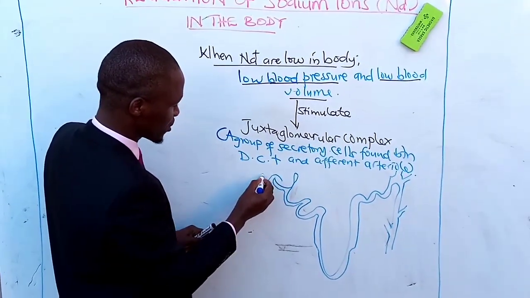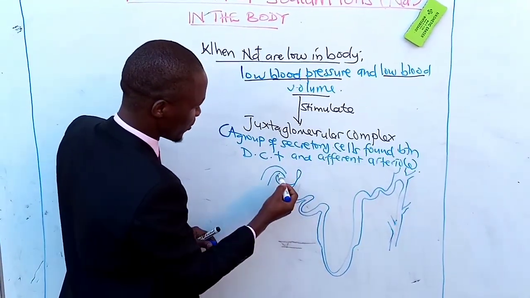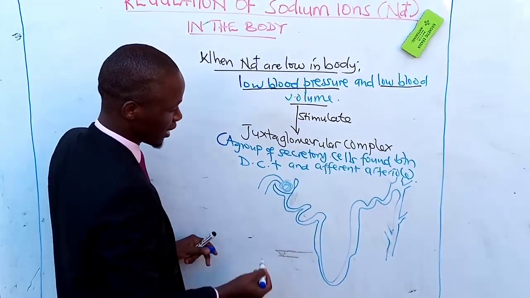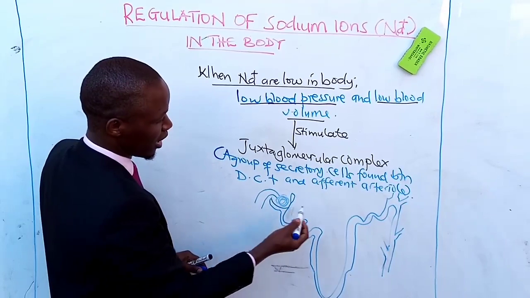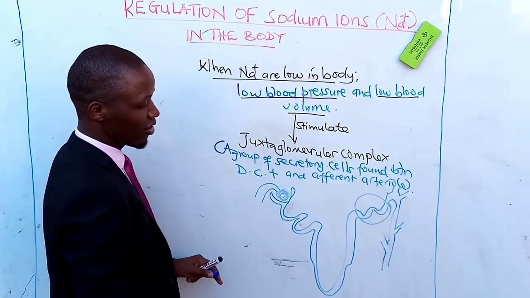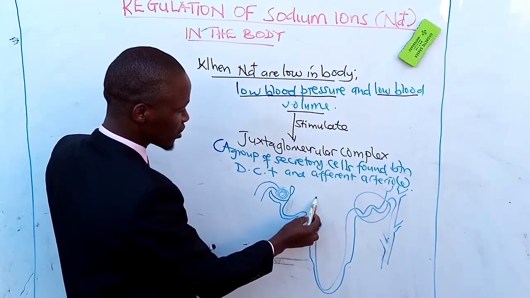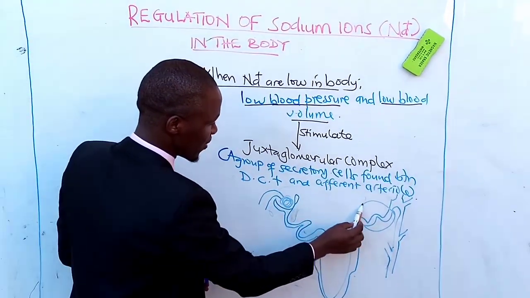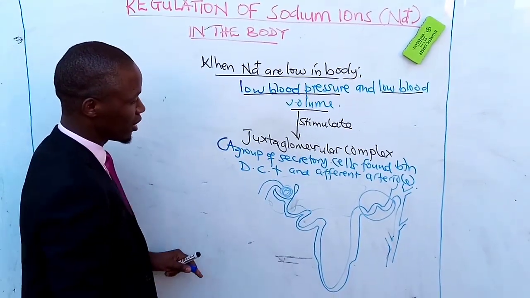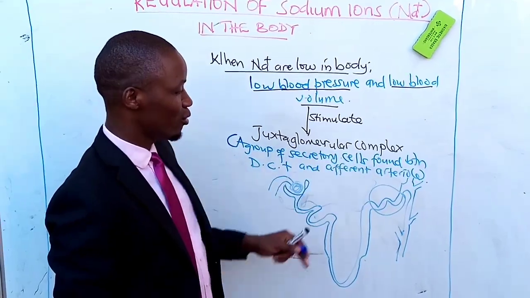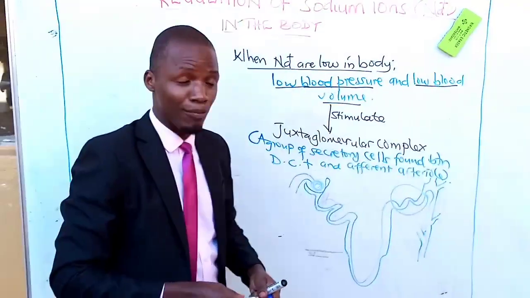The afferent vessel, or afferent artery, is the blood vessel which brings blood into this structure we call the glomerulus. And then our distal convoluted tubule is this tubule which is found in this area. So the group of cells found within this area here is what we call the juxtaglomerular complex. I hope that is very clear.